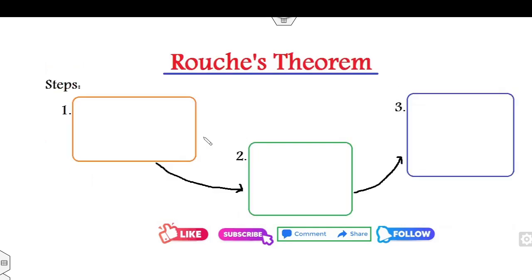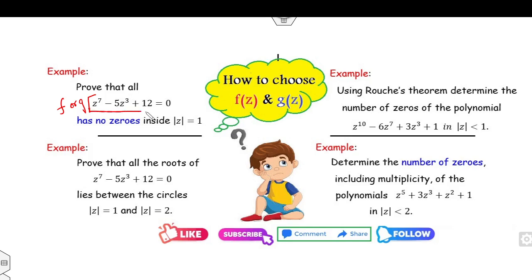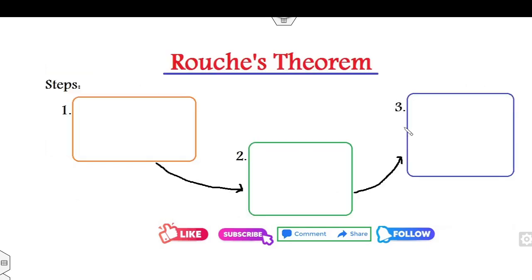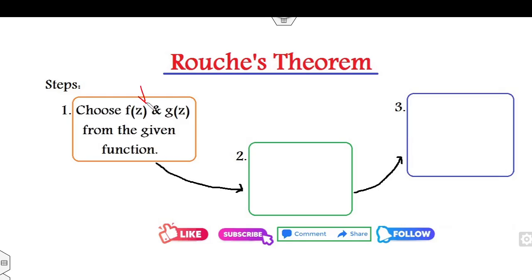First of all, your target is to choose f and g from the given function. Whatever functions are given to you, like this polynomial, you can choose f and g from them. Once you have chosen f and g, check whether your chosen f and g satisfy this property or not. If this property is satisfied, then only you can apply the Rouche theorem.